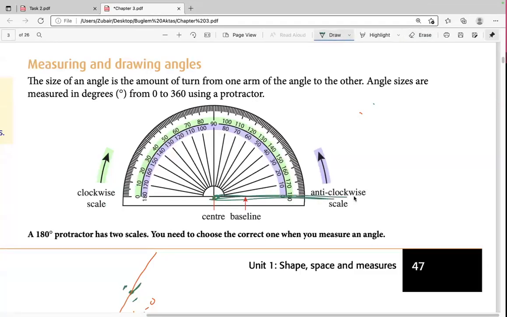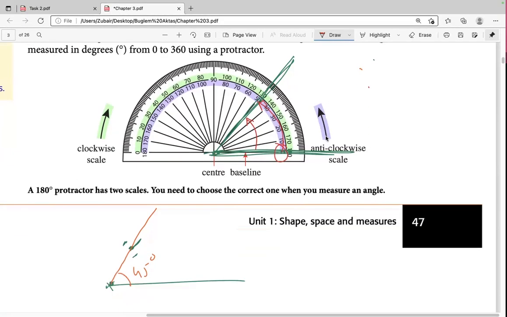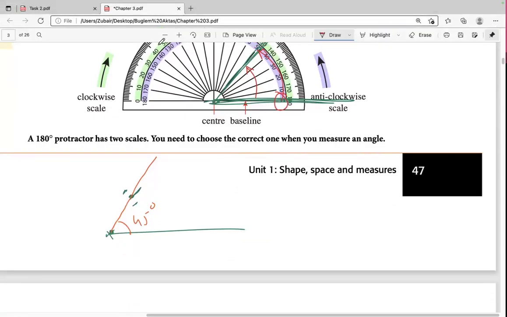This is the line and this is the second line. So which scale will you use? The one in green or purple? Purple. Correct. Why so? Because it's not a right angle, it's an acute angle, so it would be less than 90. And the green one is more than 90. Correct. And the other way is we see the 0. Angles always start from 0. So 0 to something. Very good. Okay.